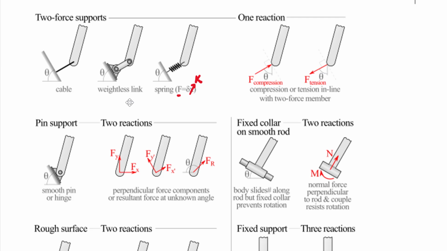It's just that these come from two force members instead of contacting some kind of a surface. So the same implication for your free body diagram, just coming from a different place, a different type of support.